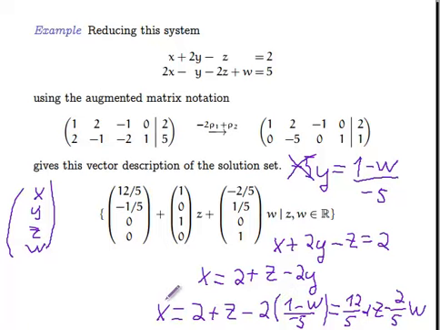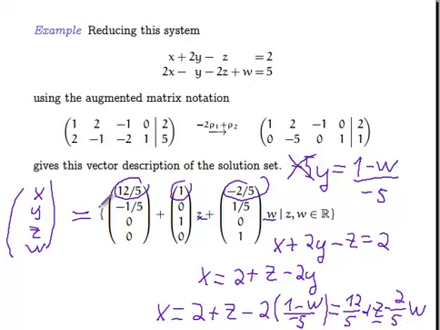Notice the equation I have here: x equals 12/5 plus z minus 2/5 w. Do you see how that corresponds to here? My solution I can think of as x, y, z, w. Here's my 12/5, and here is my 1 times z, which corresponds to this term. And here I have minus 2/5 times w, which corresponds to this term.